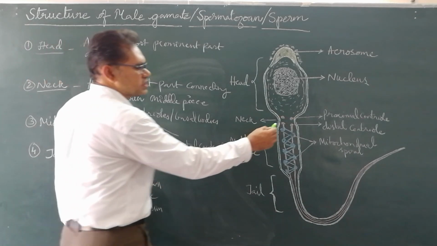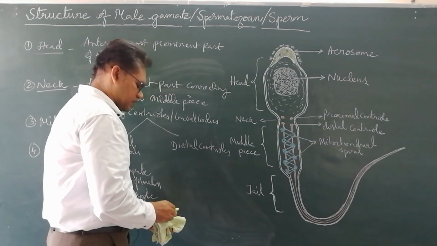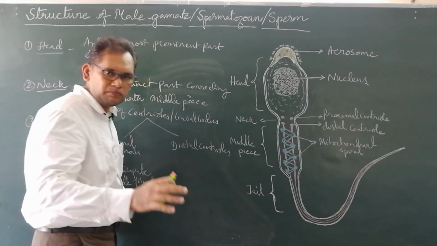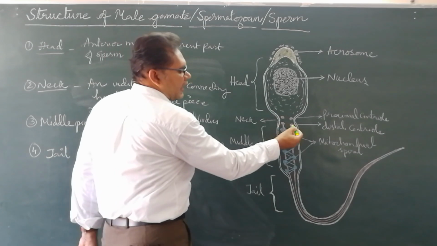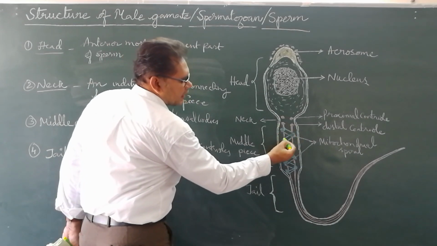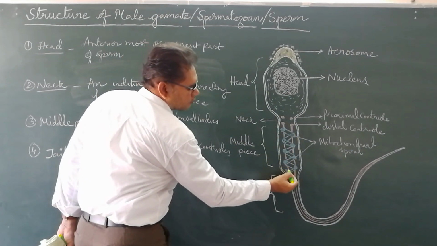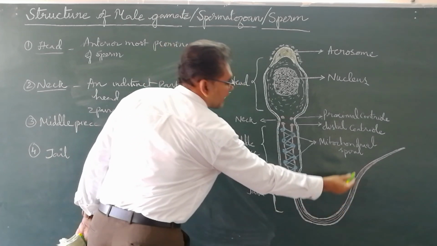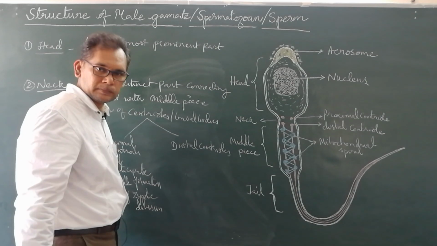Whereas these are the distal centrioles. They form an axial filament which runs through the middle piece into the tail, forming the flagella of the tail.